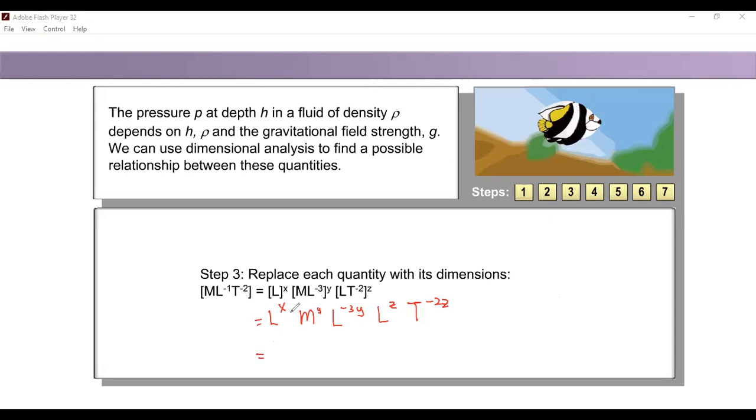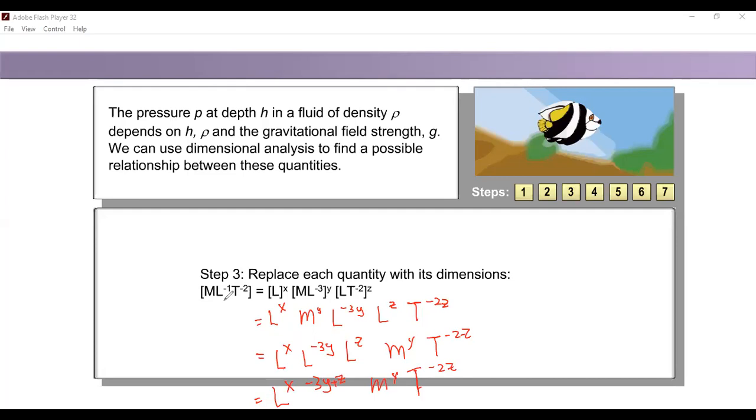After that, rearrange all: LX, L negative 3Y, LZ, MY, T negative 2Z. That means from here, I get L times X minus 3Y plus Z, plus M times Y, plus T times negative 2Z.